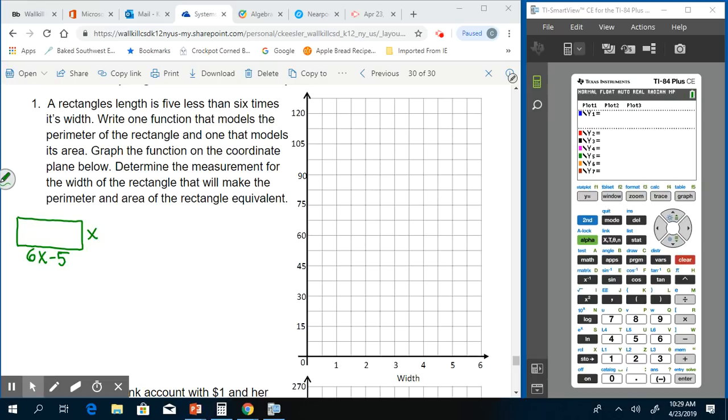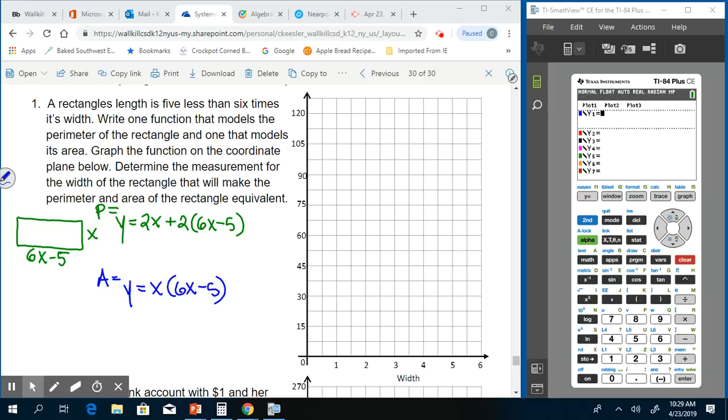All right, so for perimeter, y would be 2 times x plus 2 times (6x minus 5). That's our perimeter formula. Then for our area, we're going to have y equals x times (6x minus 5), since it's just length times width.